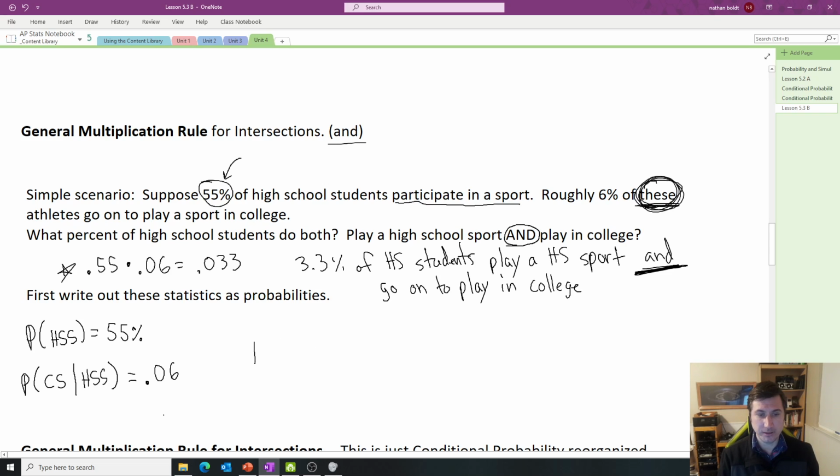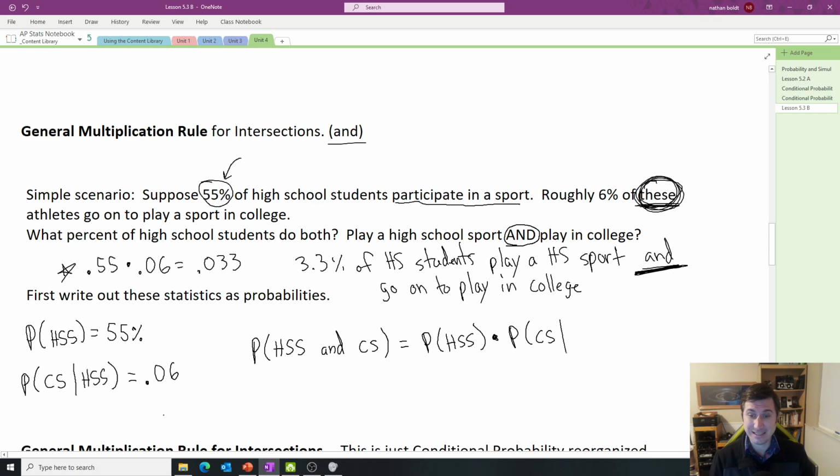So the probability that somebody played a high school sport and a college sport is equal to the 55%, but I'm going to write it as a probability, the probability of playing a high school sport, times the 6%, but that was the probability of playing a college sport given they also played in high school. So there is my general multiplication rule for "and" as a specific example.